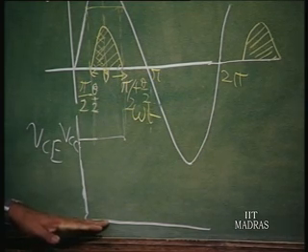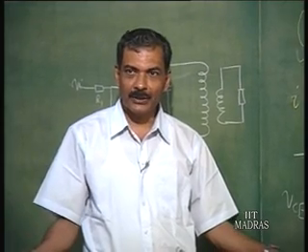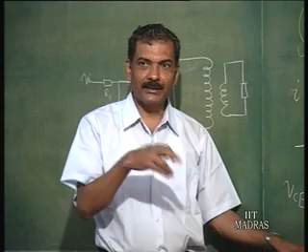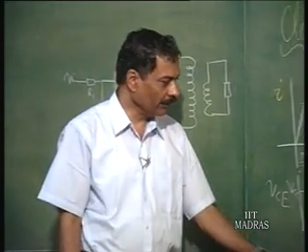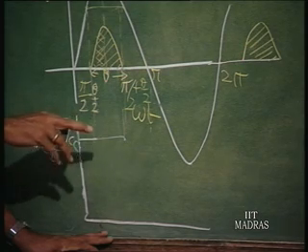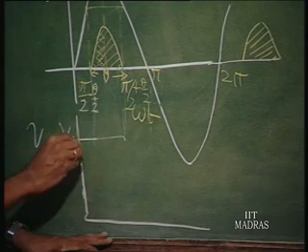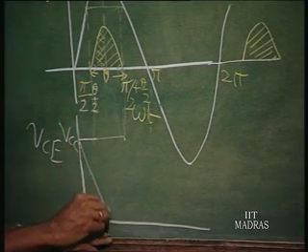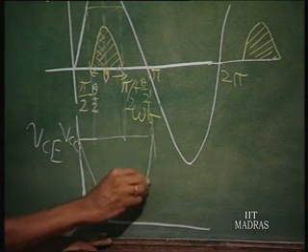Rest of the harmonics are not capable of generating any voltage, because LC circuits actually suppress all the harmonics. Therefore, we will have a voltage which is VCC minus Vp sin omega t, which is VCC sin omega t.